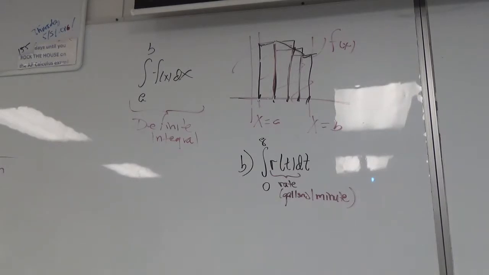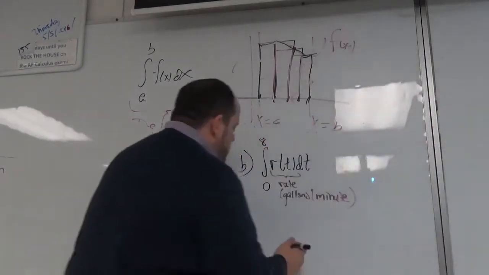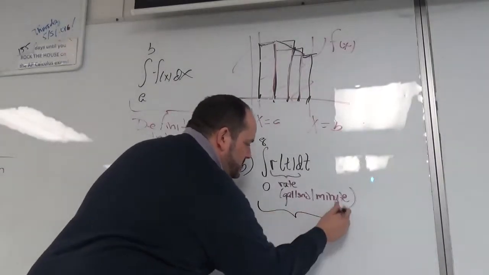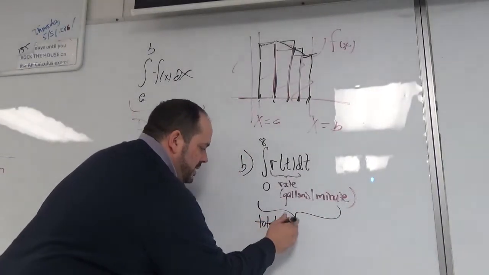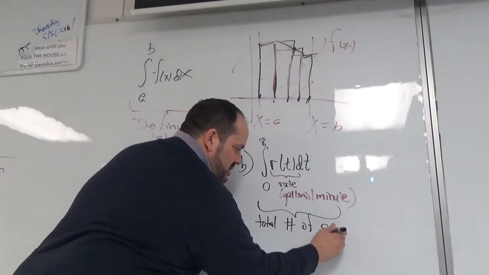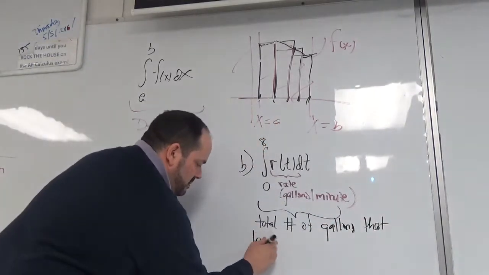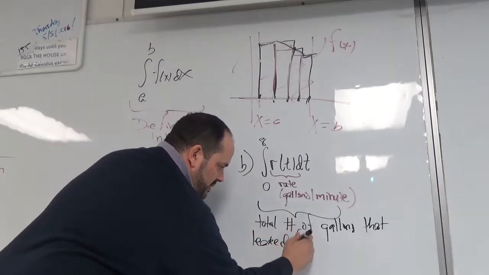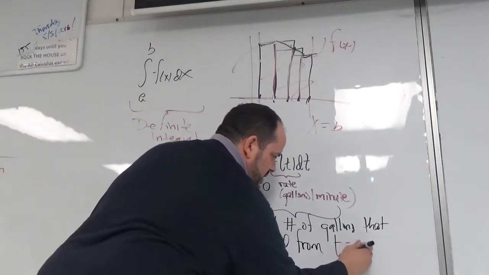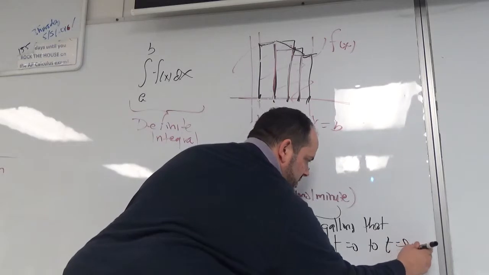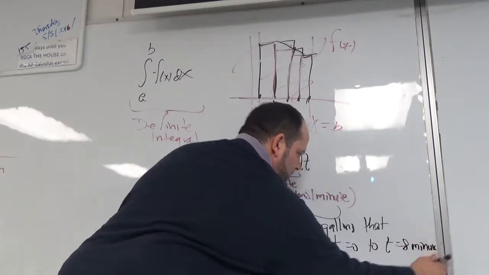In the context of this problem, we're going to say that this represents the total number of gallons that leaked from t equals 0 to t equals 8 minutes.